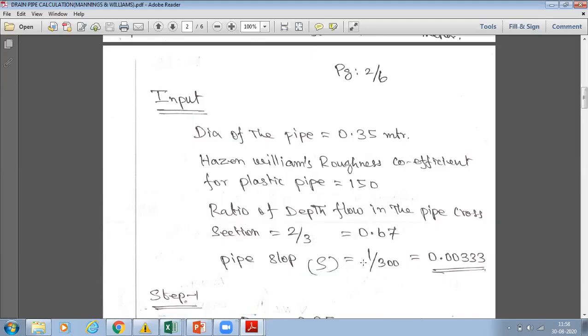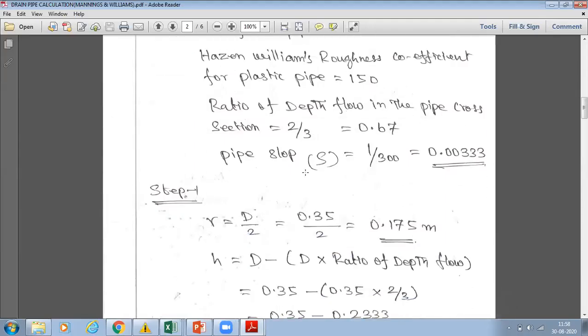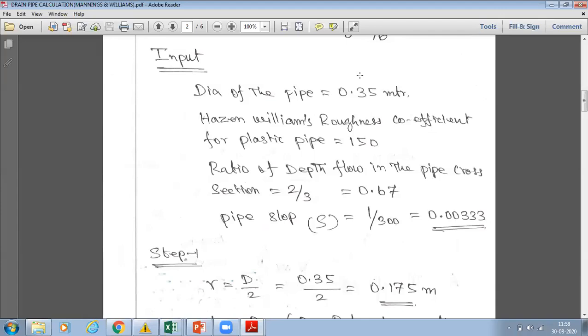Pipe slope I have considered 1:300, or 1/300, both are the same. That value is 0.0033. The above data is what I have considered. Now you go for the calculation.